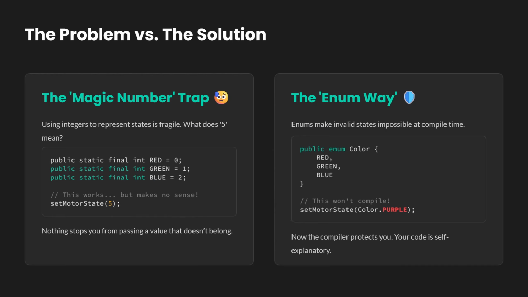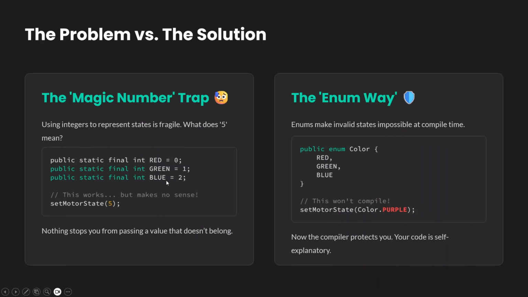Something like this, right? Yep, it runs. It's totally fine until it's not. Because in this way, nothing stops someone from entering a different number. So you have all your states: red, green, and blue.